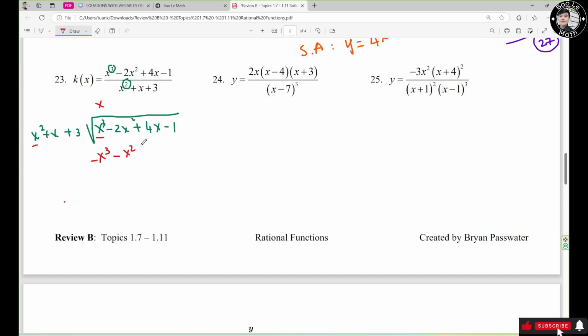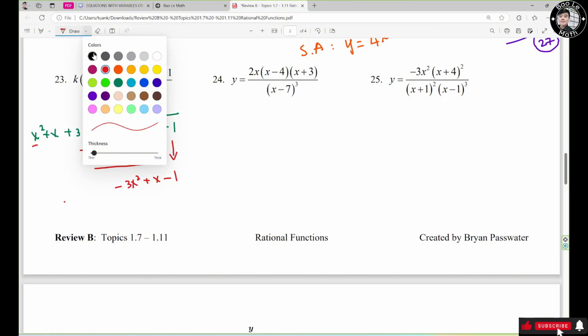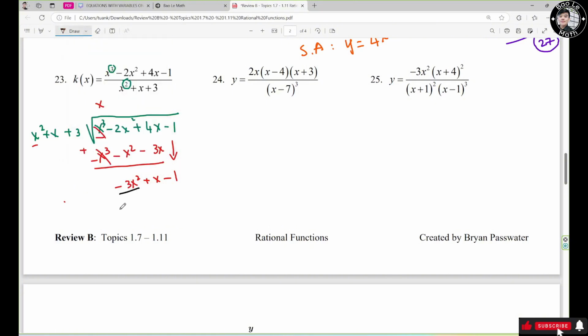S times 3 is 3s. I need to change the sign, so it's negative 3s. Now I need to add them up. So this one cancels out. This plus this is negative 3s squared. 4s plus negative 3s is plus s. I need to bring this one down, minus 1. Now the leading term, negative 3s squared, divided by s squared is negative 3.